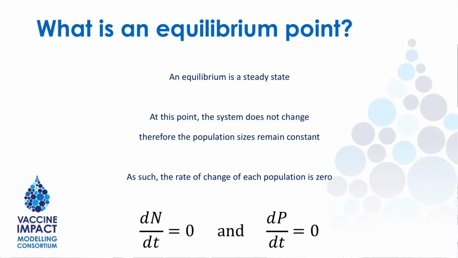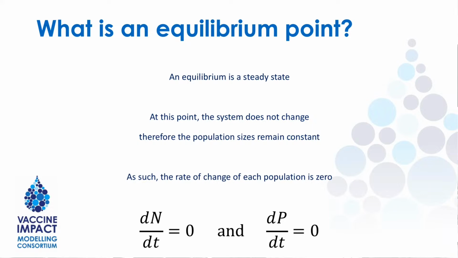If neither population is changing, then we can set our differential equations to 0. Our rate of change for n with respect to t is 0, and the same for the predator. So, an equilibrium point must satisfy these 2 equations. They must both be 0 at an equilibrium. This is something you'd calculate for many different systems.